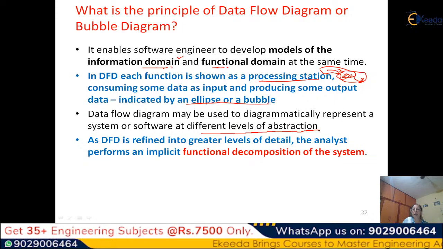We will have a higher level of abstraction where we do not denote any detail, and then we go on detailing it. That means we partition it and go into more and more detail as we do the functional decomposition of the system, defining lower levels of processes and lower levels of data.